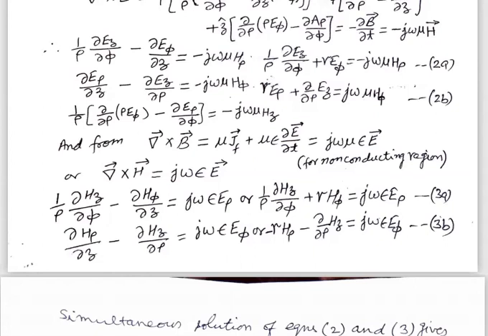In a similar way, for the Maxwell equation, del cross B equal to mu Jf plus mu epsilon del E over del t.